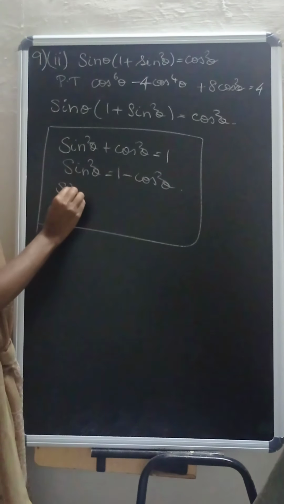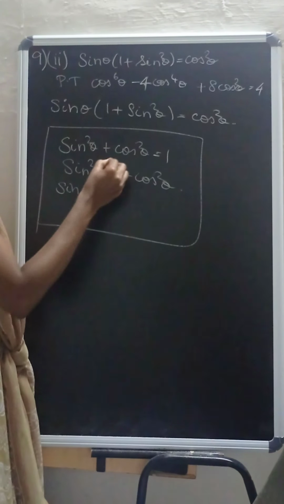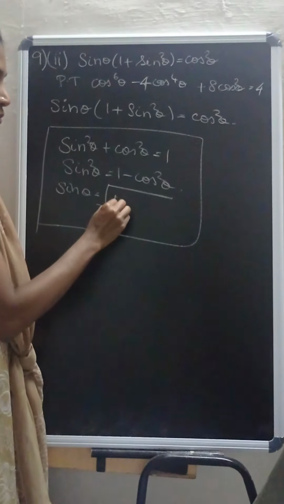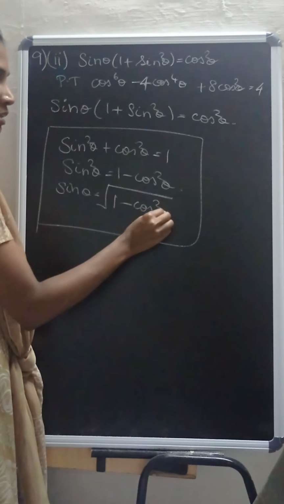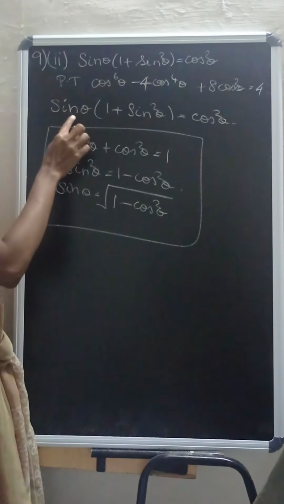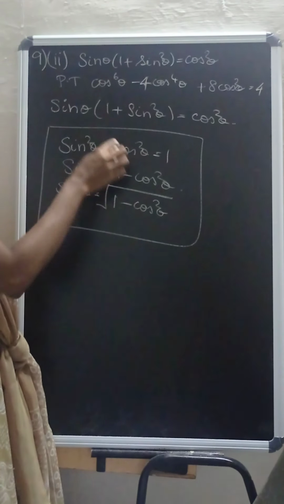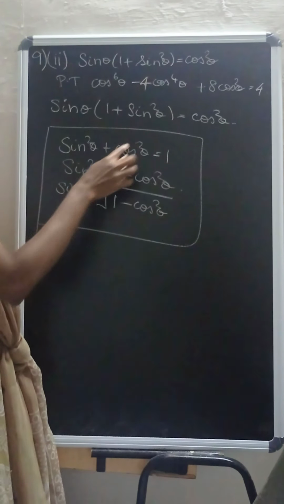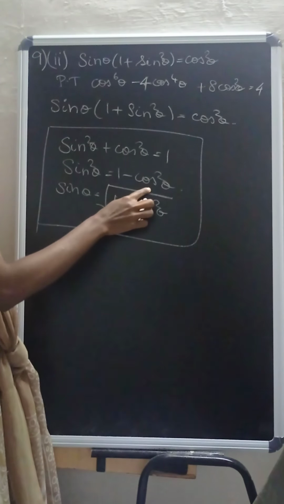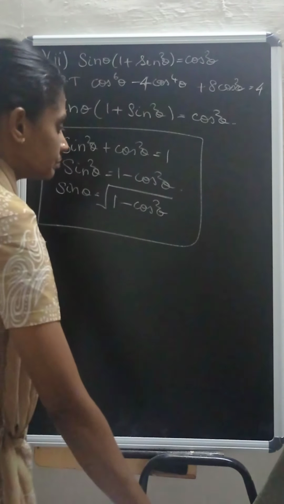So now sin theta is equal to, when the square comes this side, it becomes root of 1 minus cos square theta. So instead of sin theta, we are going to substitute root of 1 minus cos square theta. Instead of sin square theta, we are going to substitute 1 minus cos square theta.